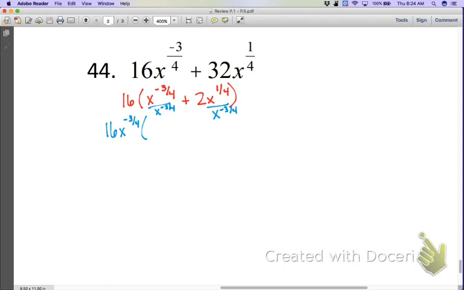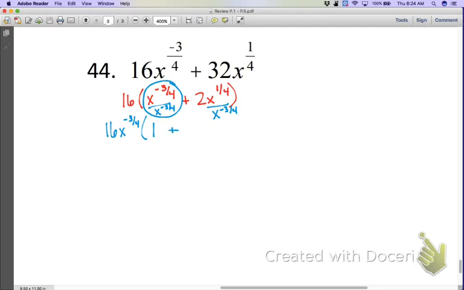That's all I'm really doing whenever I factor. Once I pull it out, I'm really just dividing everything. So what is going to happen right here that's circled? What's x to the negative 3/4 divided by x to the negative 3/4? 1. Attaboy, Reggie.